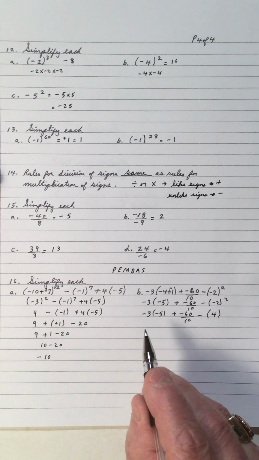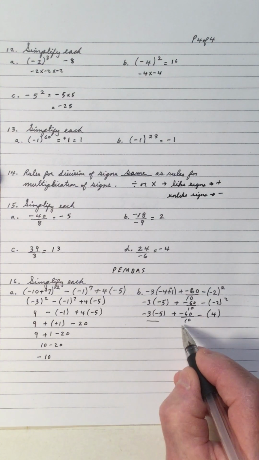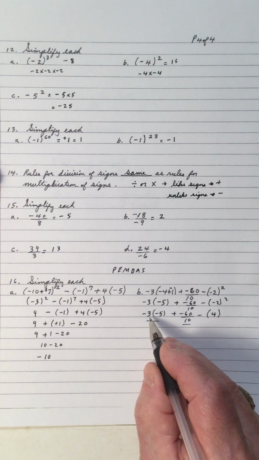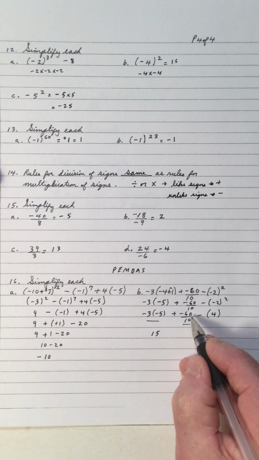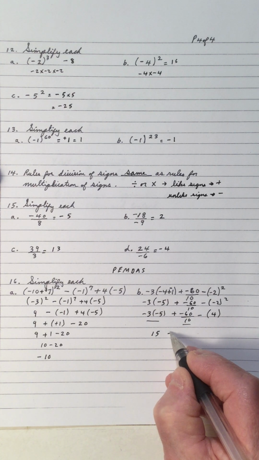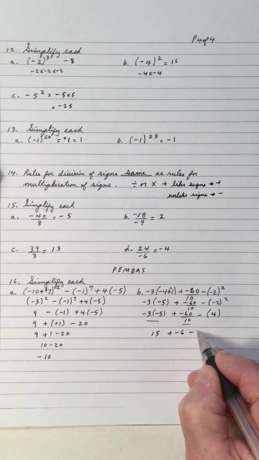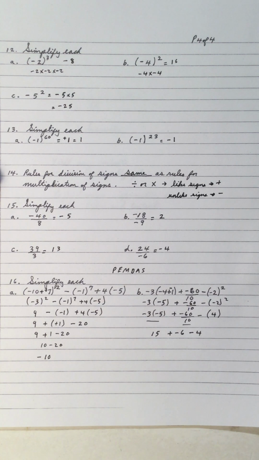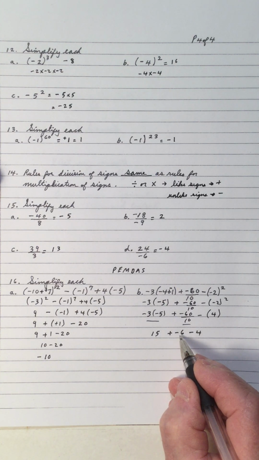Now I have to multiply and divide, or divide and multiply left to right. So I have to do this and then this. So negative times the negative is positive 15. Negative divided by positive is negative, so it's a negative 6. And I subtract 4 is negative 4. So 15 subtract 6.